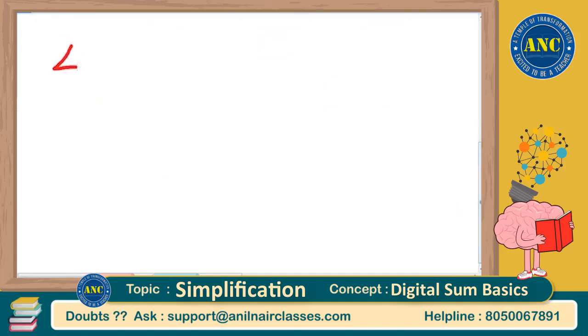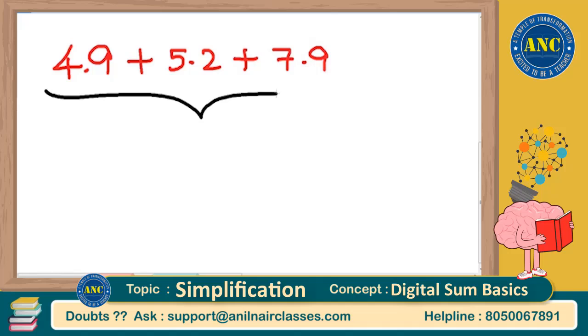Suppose, for example, I have 4.9 plus 5.2 plus 7.9. Instead of adding these three directly, have that nature of distributing to people. Please distribute some money to people so that they will also become beautiful in their life. I want to make these numbers beautiful numbers.